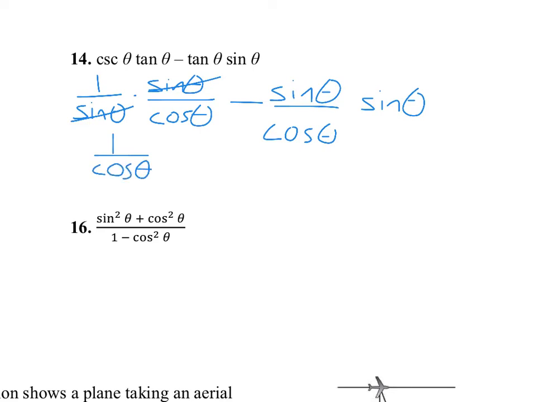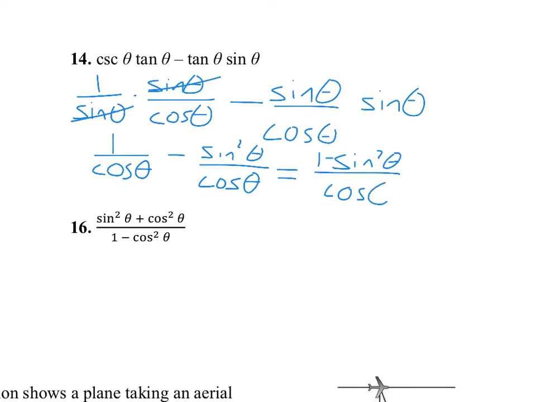1 over cosine theta minus sine squared theta over cosine theta. And we already have a common denominator, so we can combine the numerators together. Alright, the top looks like our first Pythagorean identity.